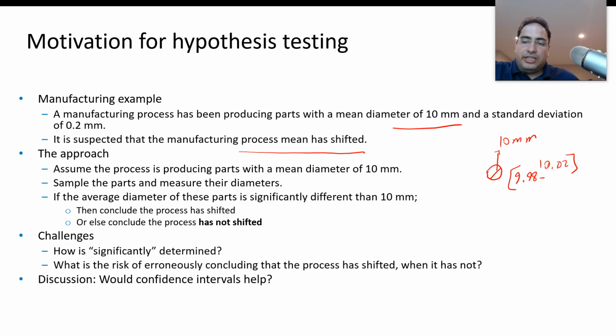Because if you take one of those parts and it is 10.3, it is still possible that this is within that range, because that's a standard deviation. When you look at the random distribution, there could always be some outliers.